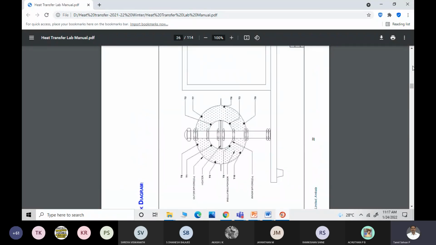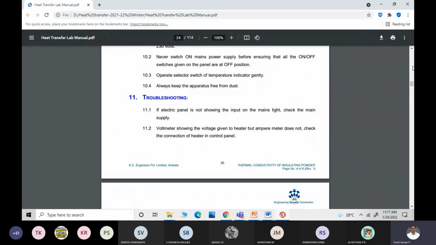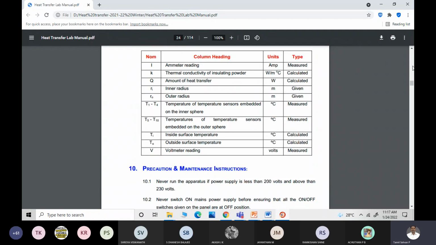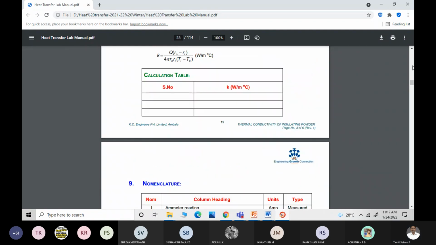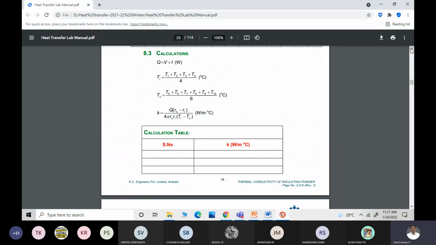This is the two spheres. Instead of R1, R2, they might have mentioned R0 and RI. Can you see how to get it?